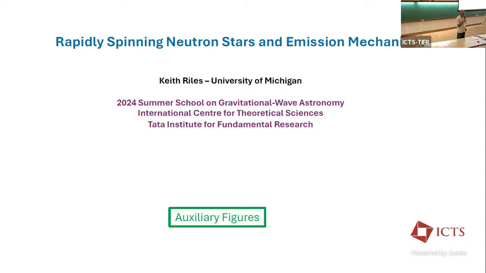He has been involved in the search for continuous gravitational waves for a long time, and is also currently interested in the science case for the linear collider. This particular course is about rapidly spinning neutron stars and the emission mechanisms which we encounter when dealing with them.